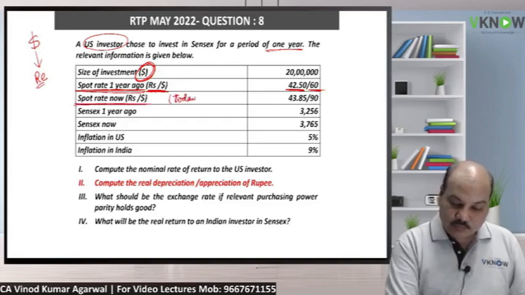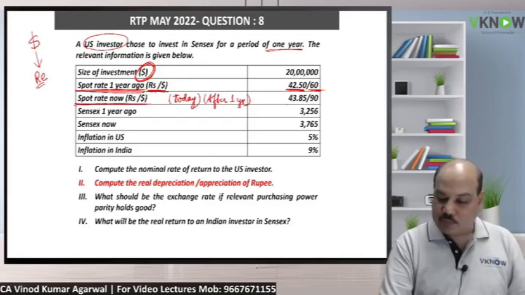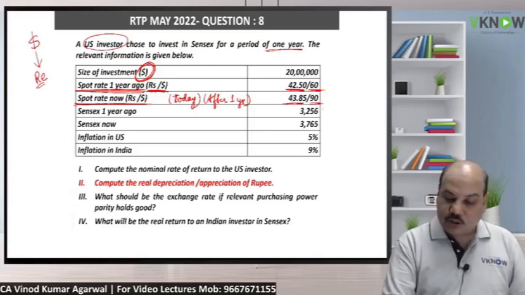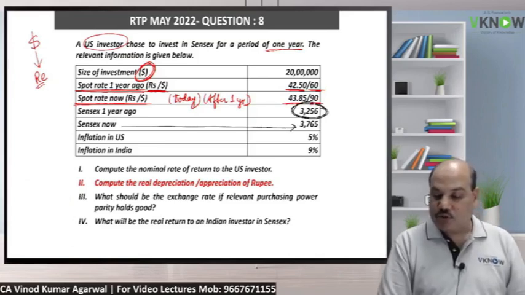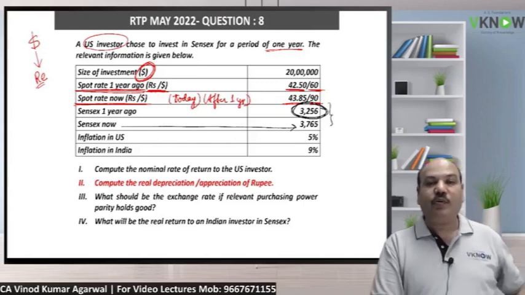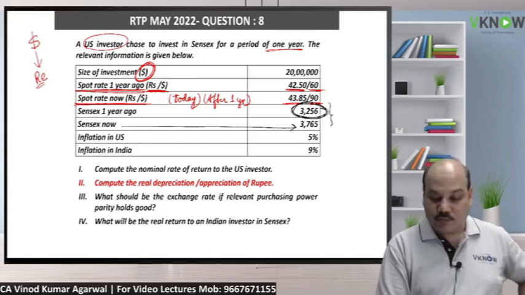Today, after 1 year, the rate is 43.85 buying rate, 43.90 selling rate. Sensex when he bought was 3256 and Sensex today has gone up to 3765. So you will recollect we have similar questions in the class.